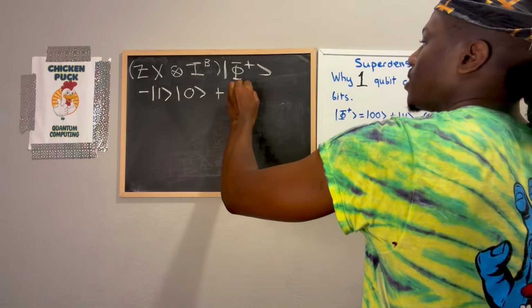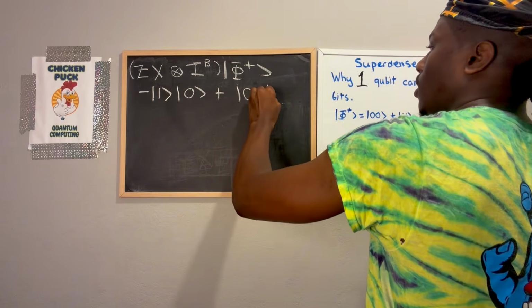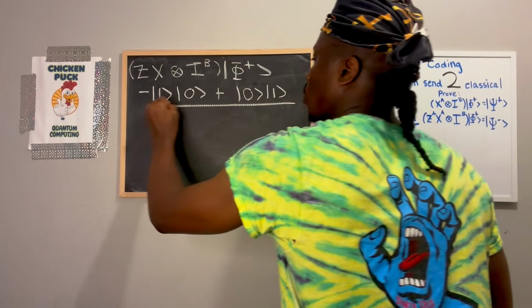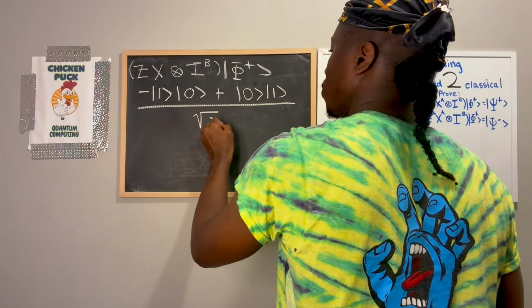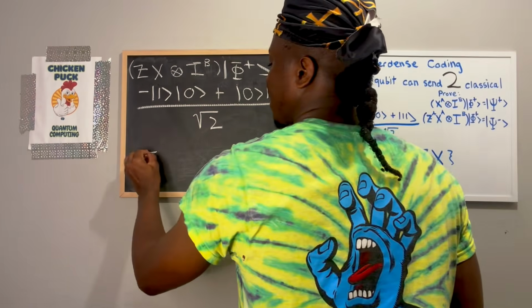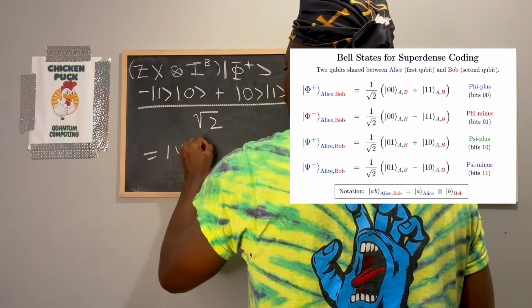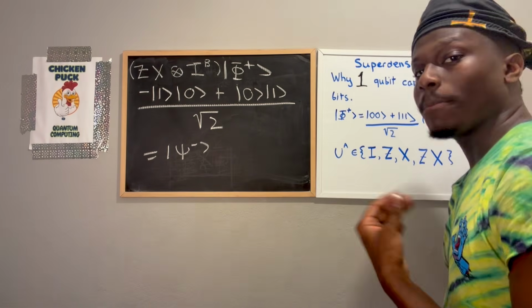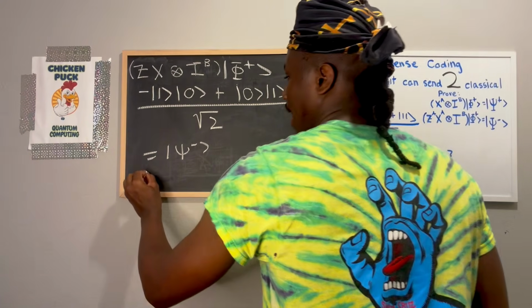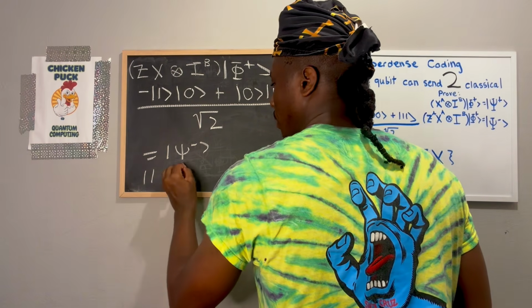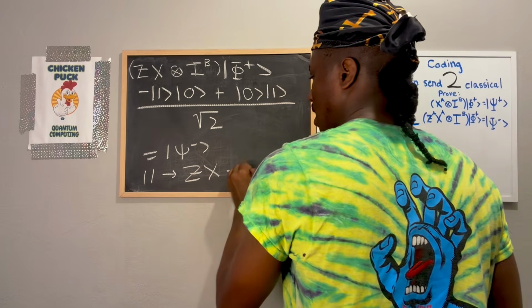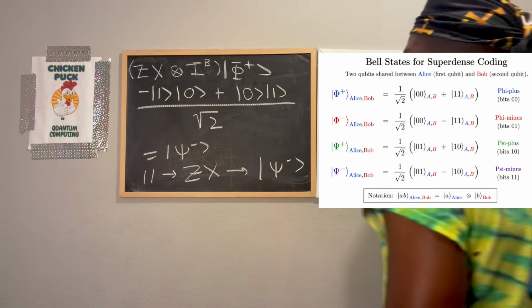So we're going to get 0 here. Bob will be left alone, so we have 1, all over square root 2. And rearranging, you will get that this is equal to psi minus. So going back to the codebook, we have Alice wants to send 11, so we apply that ZX. And then we get out psi minus.